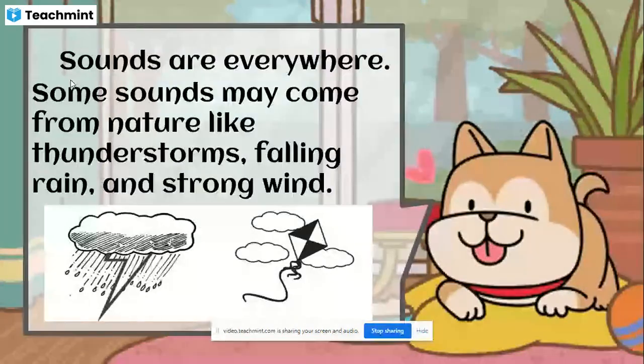Not only that, you can hear them from the street or inside your homes. It can also come from nature. When you say nature, from our environment. Nature sounds, it means a human being could not create this one. When you say nature, natural na siya, hindi siya gawa ng tao. For example, thunderstorms, falling rain, and strong wind.